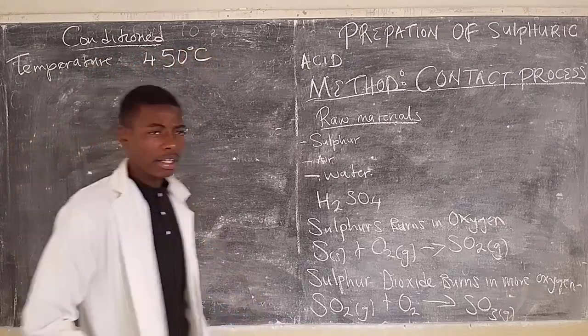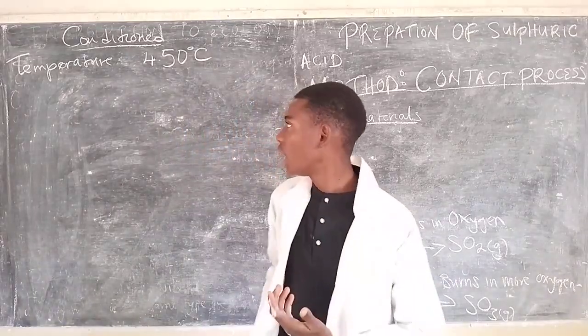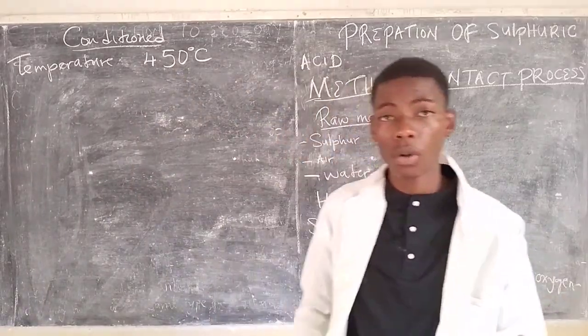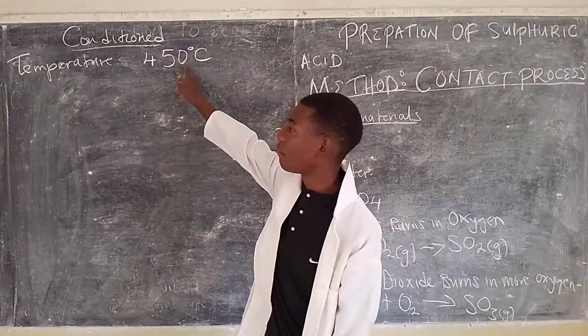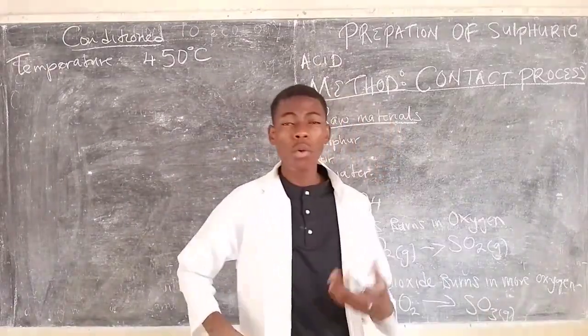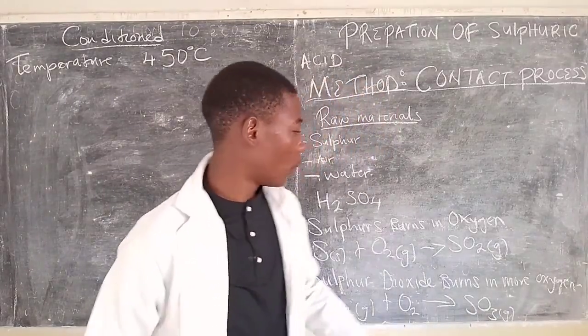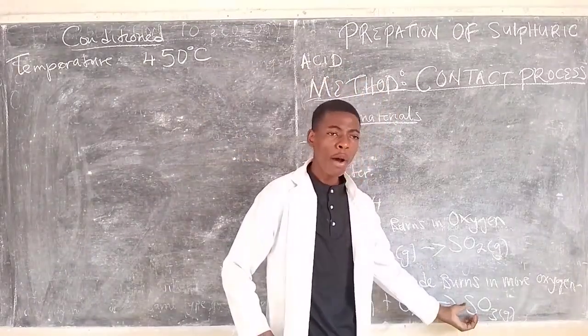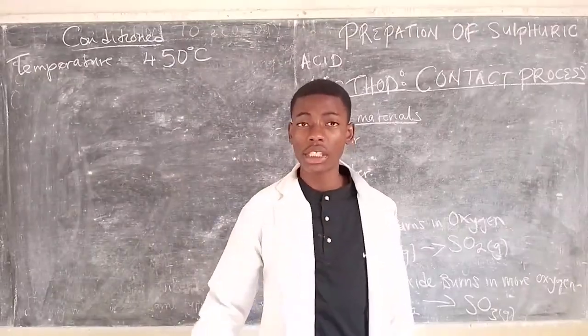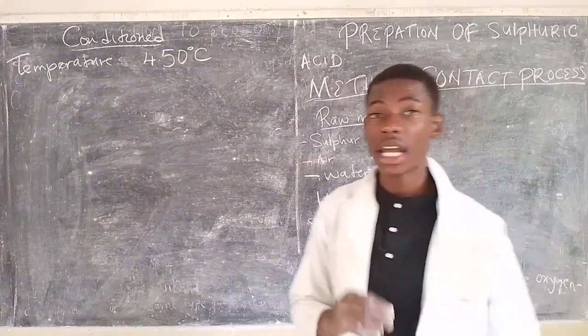If you lower this temperature, the reaction will be too slow. And if you increase above this temperature, the production of sulfur trioxide will not be possible because the bond will be broken down by excess heat. So the temperature that is used is 450 degrees Celsius.